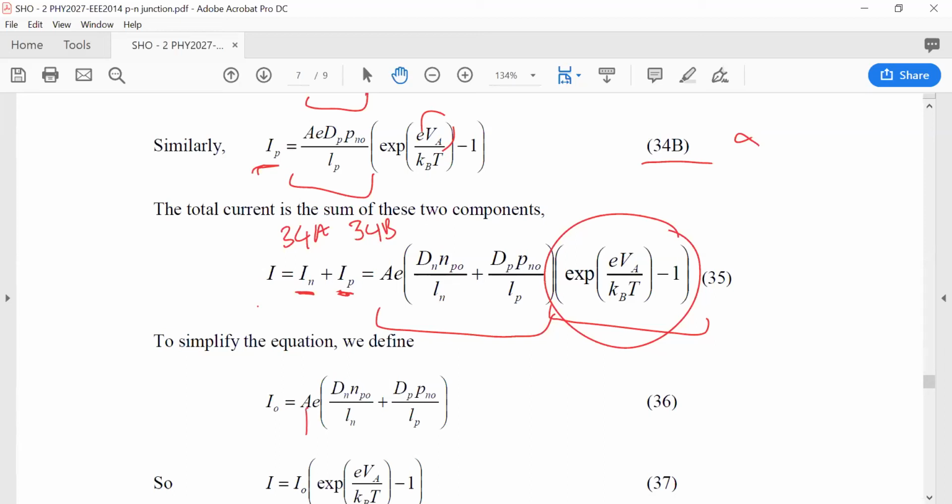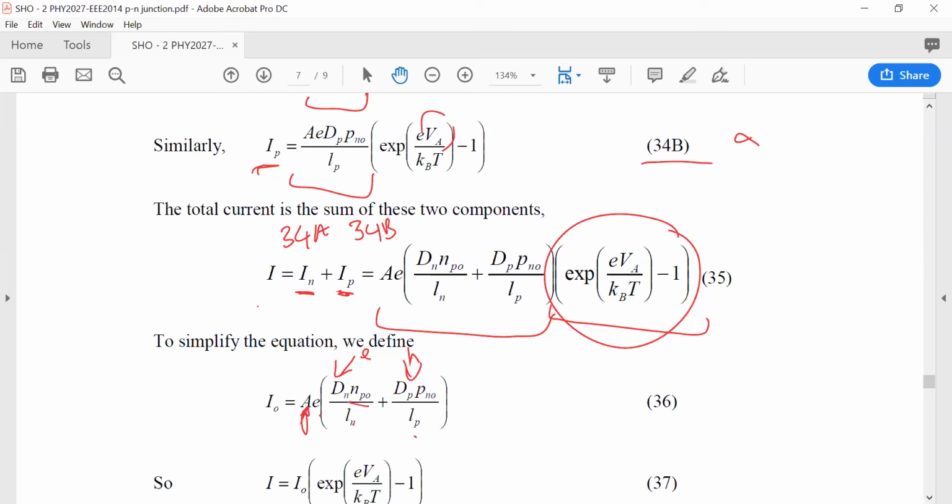Within that, you've got the area, which is what you design. You decide how big your device is going to be. The charge on an electron is constant. It's the diffusion coefficients for electrons and holes, which are constants for a given material. Ln and Lp are constants. They are the lengths of the n-type and p-type regions.